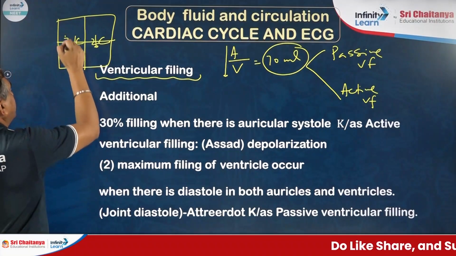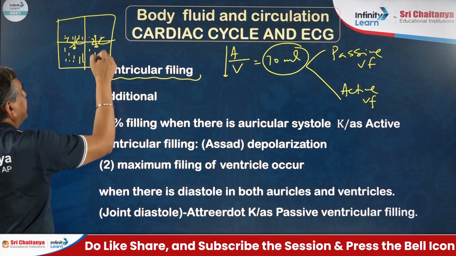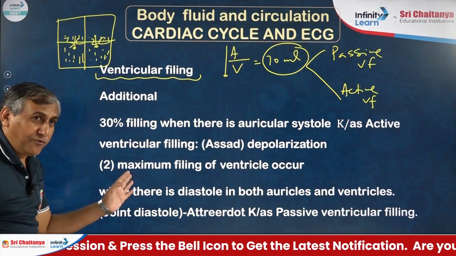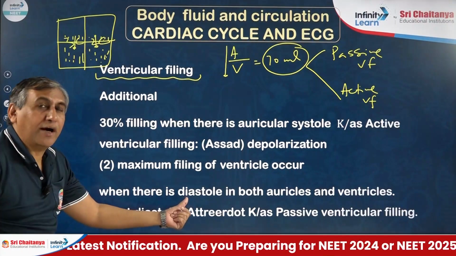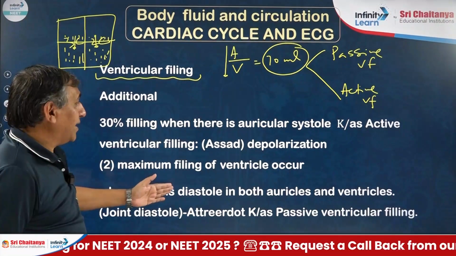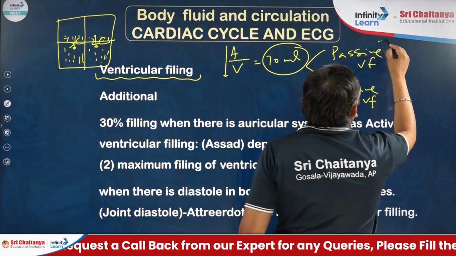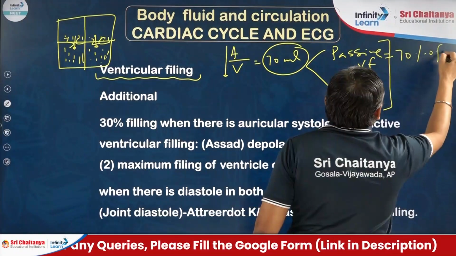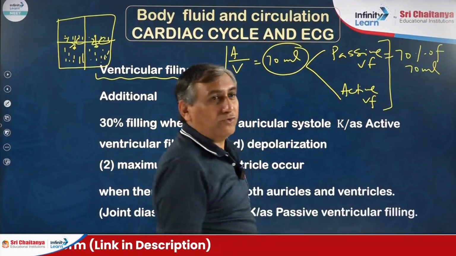So blood will rush from atria to ventricle. I said it is like opening of the doors of the theater. So maximum filling of the ventricle occurs at the end of joint diastole. And how much? It is 70% of the 70 ml; I said only 70 ml blood is required now.